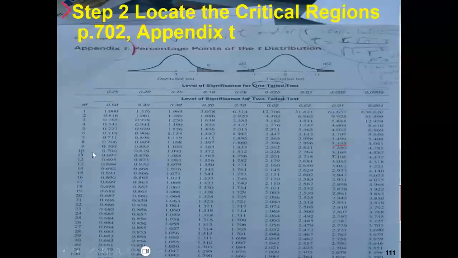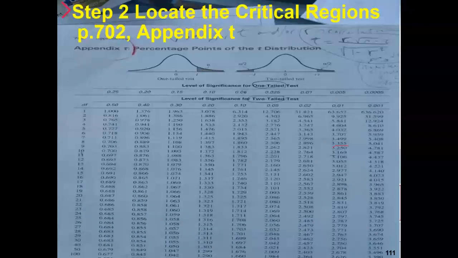Okay, so DF is n-1. N is 9, so DF is 8. 9 minus 1 is 8. So DF is 8, and you go all the way to where it says two-tailed test or non-directional, and right there under 0.01, that's your alpha, it's 3.355.